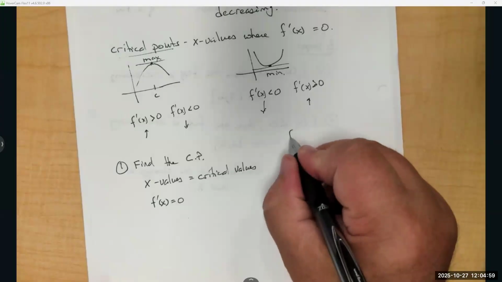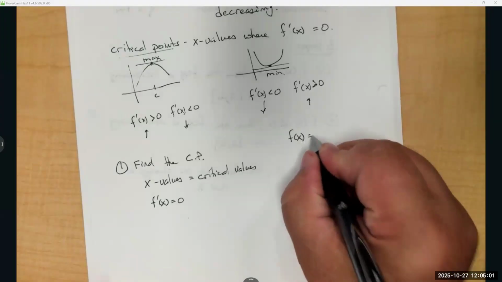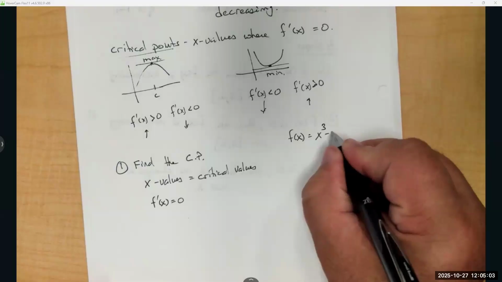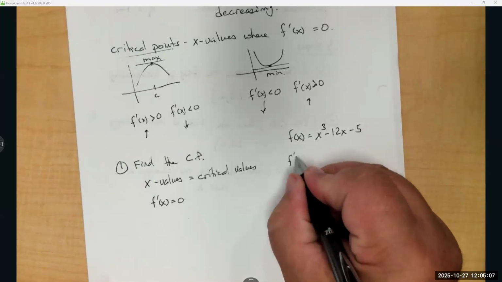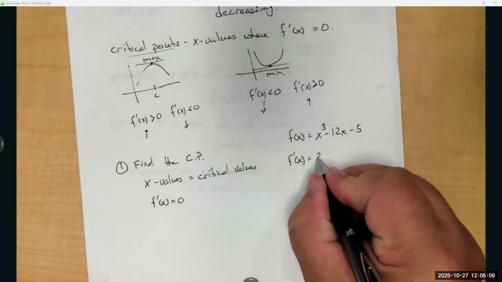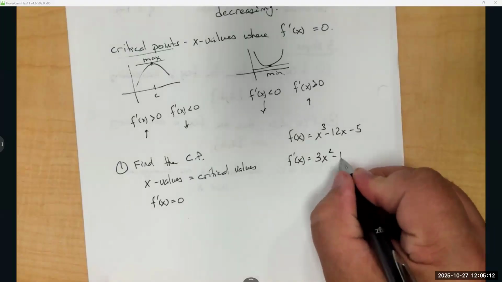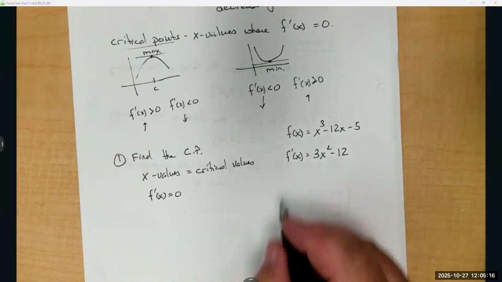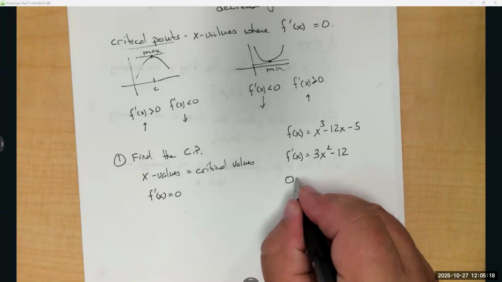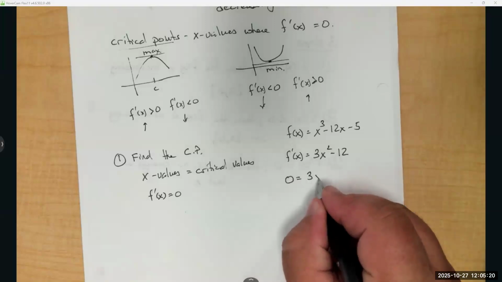So for our function, we have f of x equals x cubed minus 12x minus 5. The first derivative is 3x squared minus 12. Set that equal to 0.